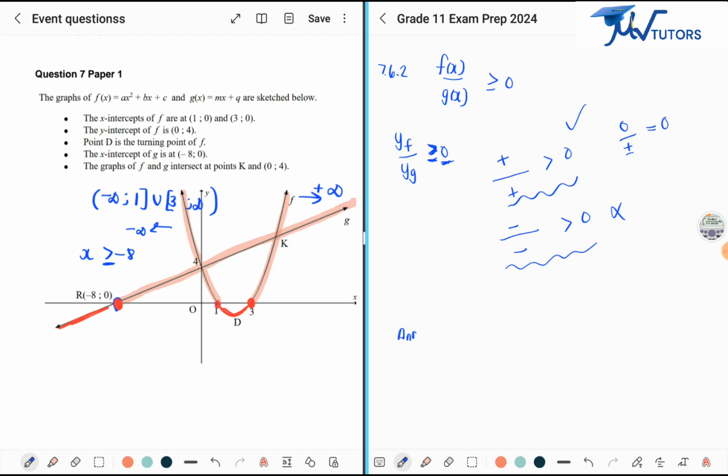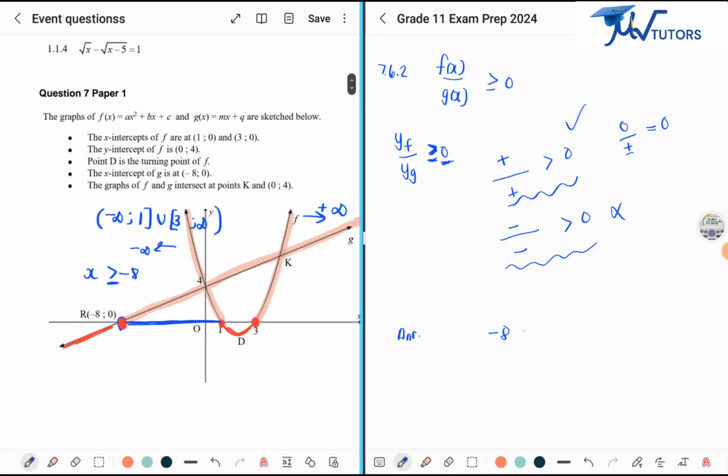From negative 8 all the way until we have 1. So from negative 8, we're looking at the x values where y is positive for f and g. It's from negative 8 until we get 1. And again from 3 until we get to positive infinity.